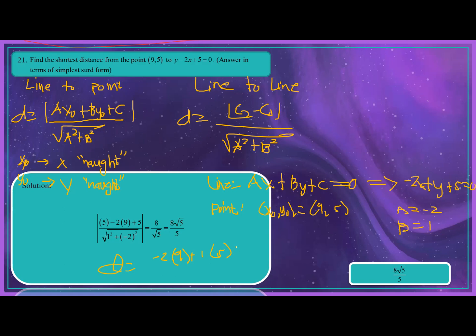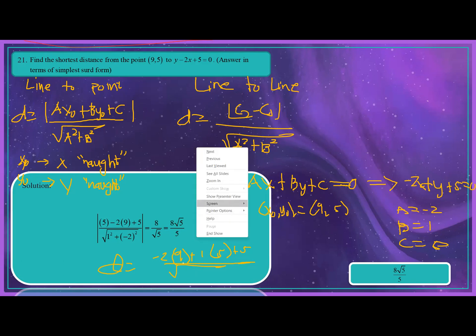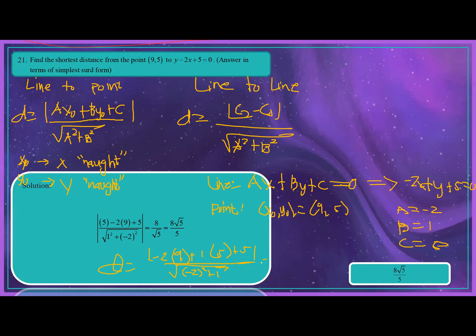Then plus c, which is 5, over square root of 1 squared plus negative 2 squared. And also don't forget the absolute value because that's distance. So we have 8 over square root of 5, which is 8 square root of 5 over 5. Okay. Any question?